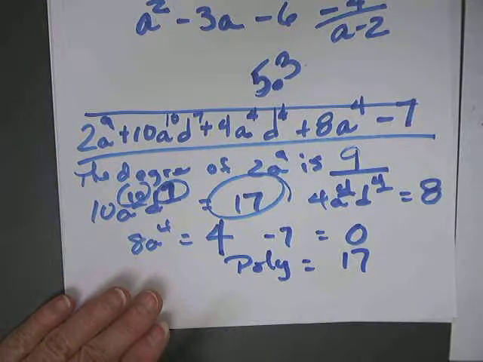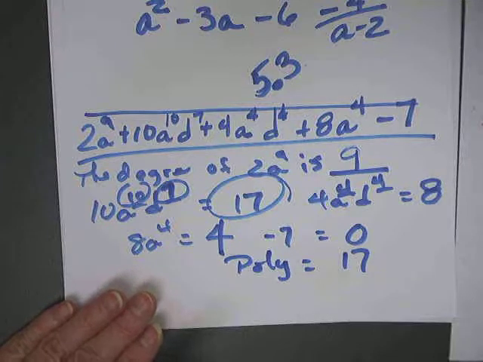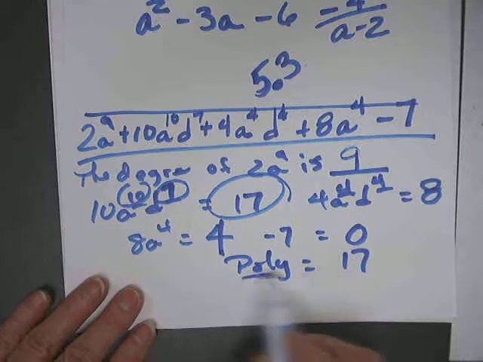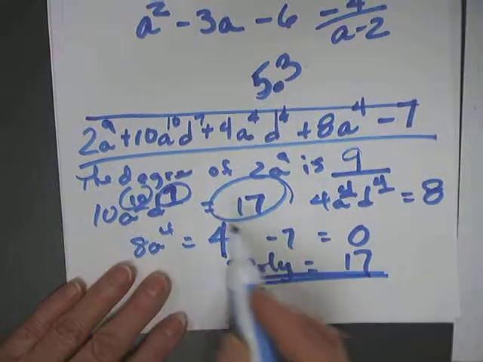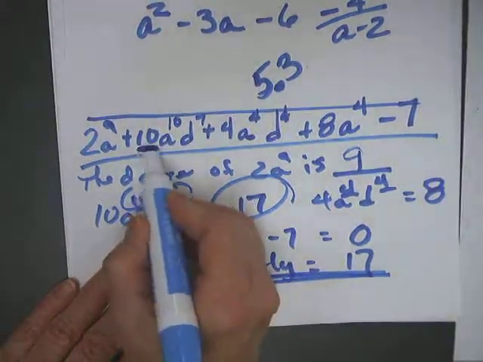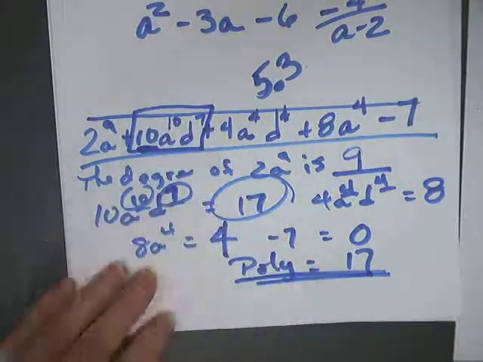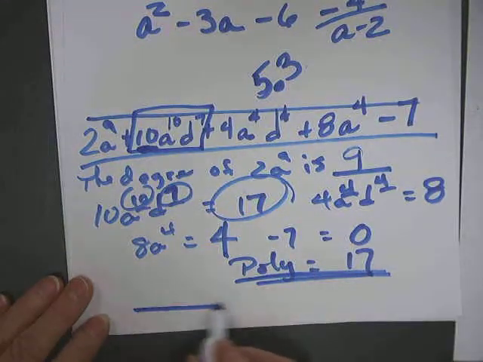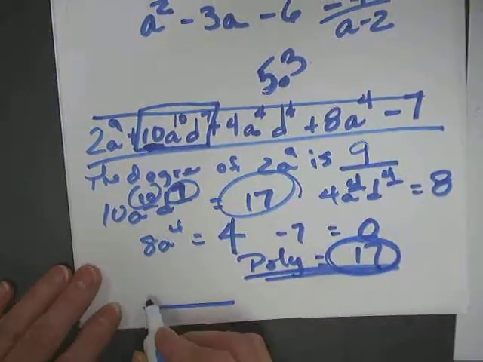And it says the degree of 2a to the 9th is. It has all this writing. Is what? What's the degree? 9, the exponent. The degree of this? No. 17.